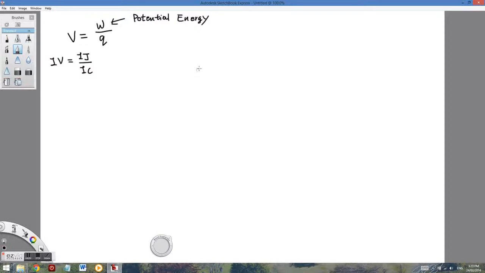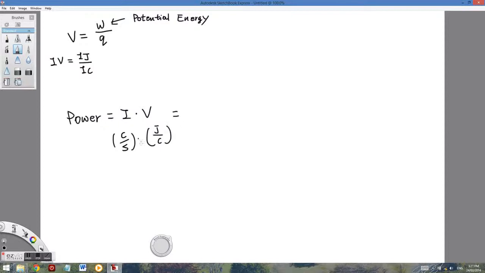Now let me also introduce something called power. Power is current times voltage. The unit of current is coulomb per second, and the unit of voltage is joules per coulomb.